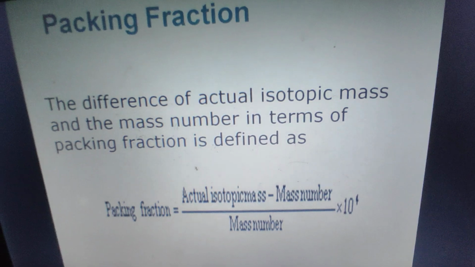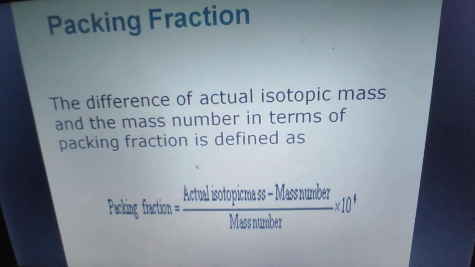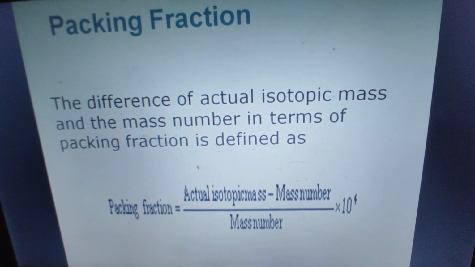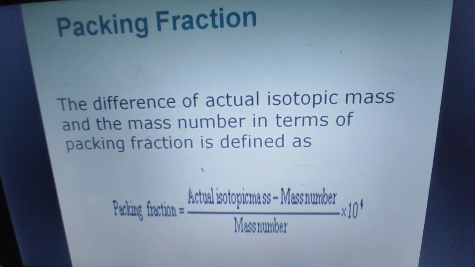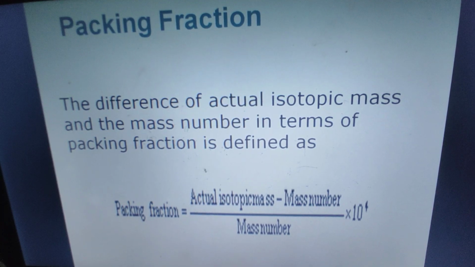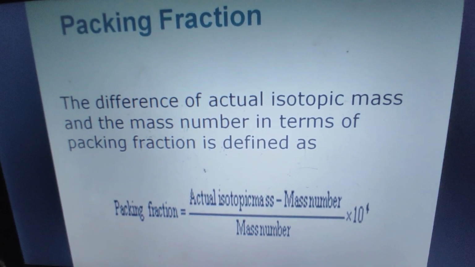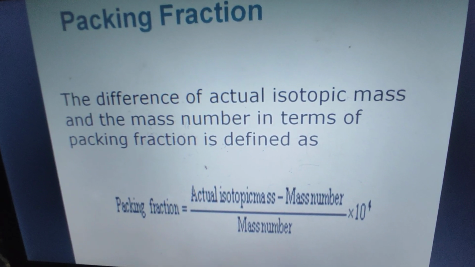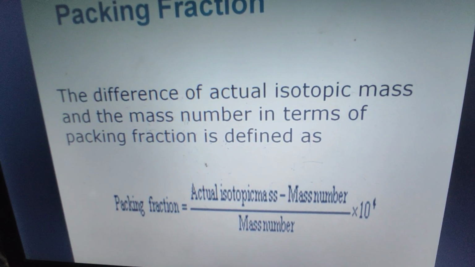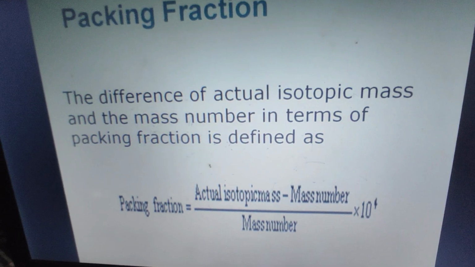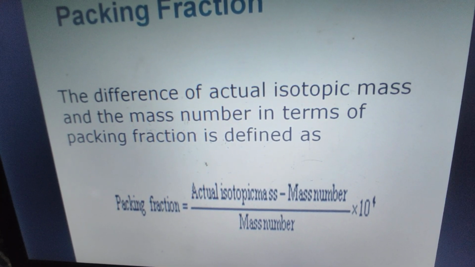Next is packing fraction. This is also an important terminology in nuclear chemistry. Packing fraction is defined as the difference of actual isotopic mass and the mass number, so it is (actual isotopic mass minus mass number) divided by mass number, times 10⁴.